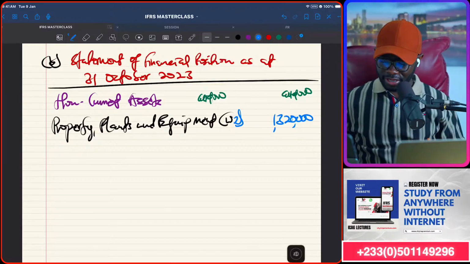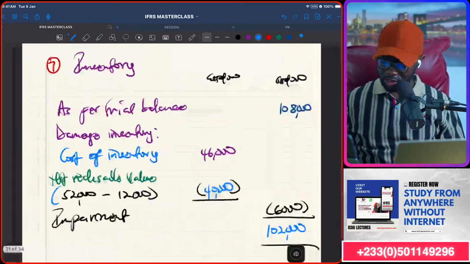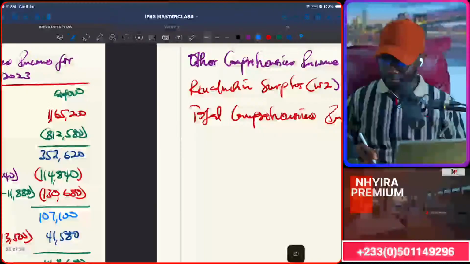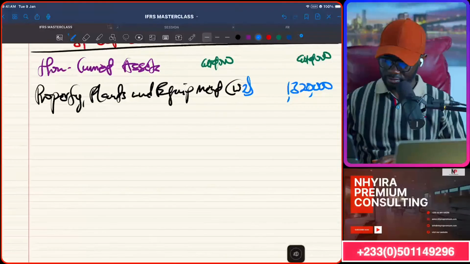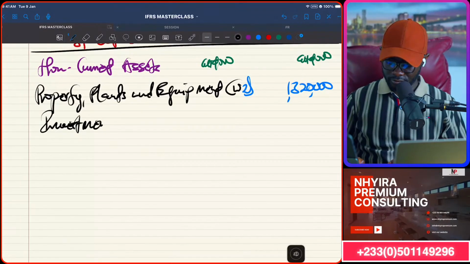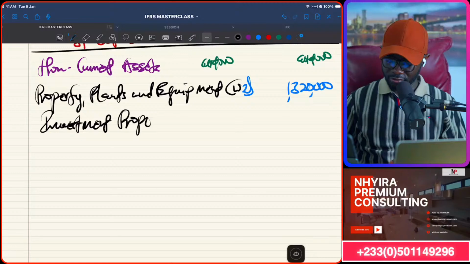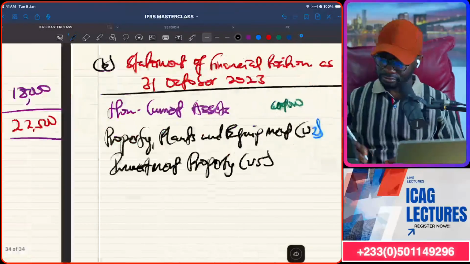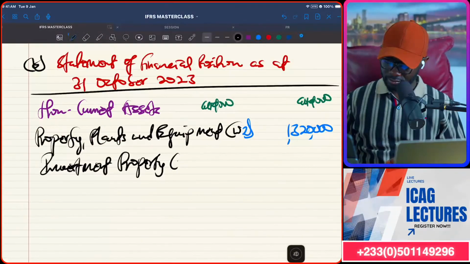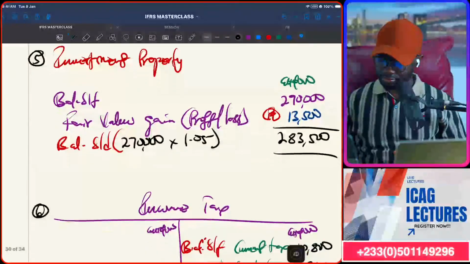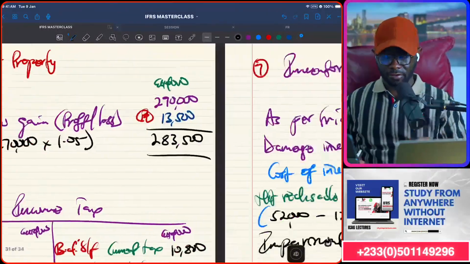Then we bring in the investment property, because that's also a non-current asset, from working 5. So investment property, working 5. How much we got? 283,500.